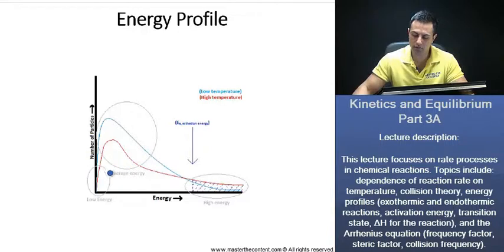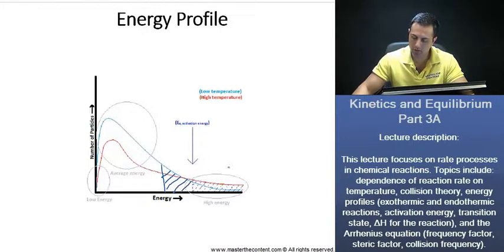When we increase the temperature, we have fewer molecules here with the average energy, and we have even fewer particles here with lower energy, but we'll have more particles here that have energy that is equal to or greater than the activation energy. Right? Perfect. Secondly, we can add a catalyst, and when you add a catalyst, what that does is it decreases the activation energy.